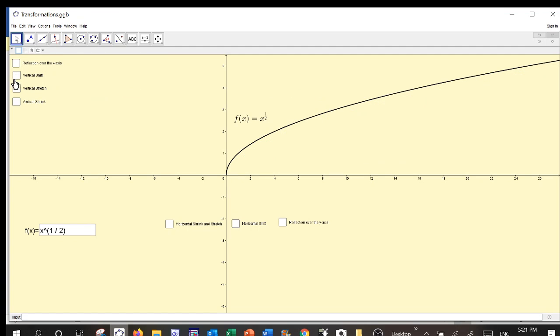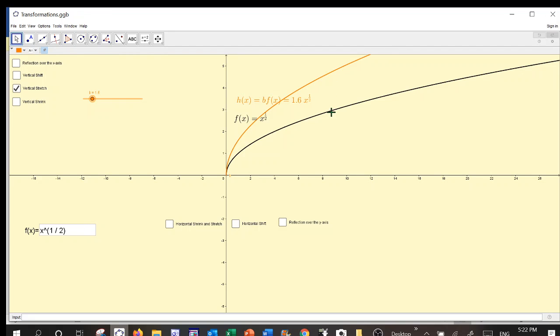Now, what about vertical stretch? Well, vertical stretch is when I multiply the right-hand side by a number greater than 1, which is b in this case. Notice that b right now is 1, so it doesn't make any difference. But as I increase it, you see, all the points get stretched vertically. Notice, for example, this point goes up this much, but this point goes up way more.